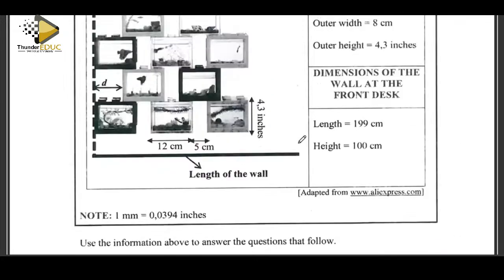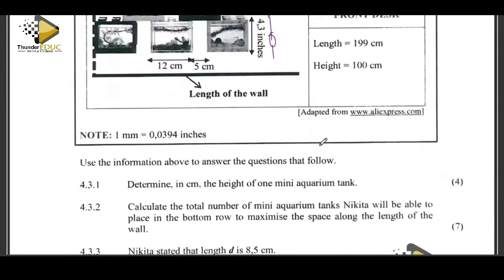Determine in centimeters the height of one mini aquarium. The height. This is what we are looking at, but they want it in centimeters. So what you're going to do, ask yourself. They have already given you here that if you only have 1 millimeter, you have 0.1 centimeter, because we can change millimeters to centimeters before you calculate by dividing by 10. So the answer here becomes 0.1.